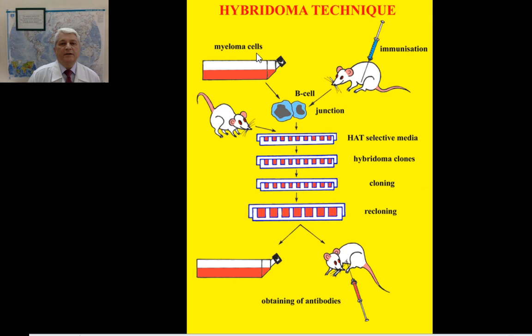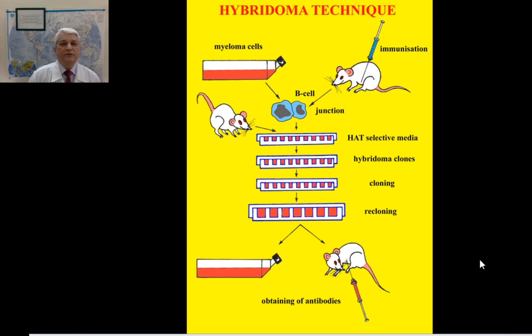Now we must be sure which clones are producing cells and which clones are not producing cells. For this we use the ELISA method, which I shall show you on the next figure. But let's decide that finally we obtain a test tube in which we have a clone of hybridoma producing antibodies with desired specificity.